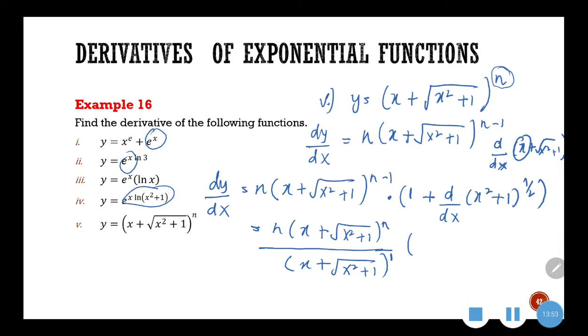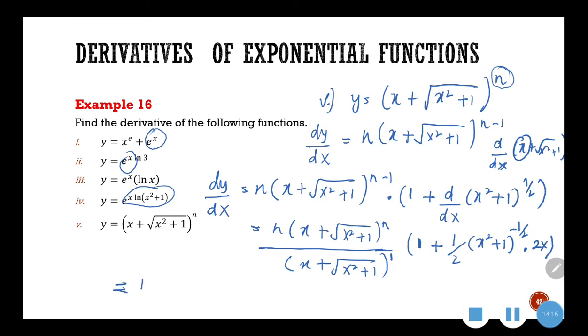Okay, yang ni 1 ni remain 1 tambah dengan half, we bring down the power, x squared plus 1 kuasa setengah tolak 1 is negatif setengah, then darab dengan x squared plus 1 differentiate respect to x, you get 2x. Okay, so that is the final answer.